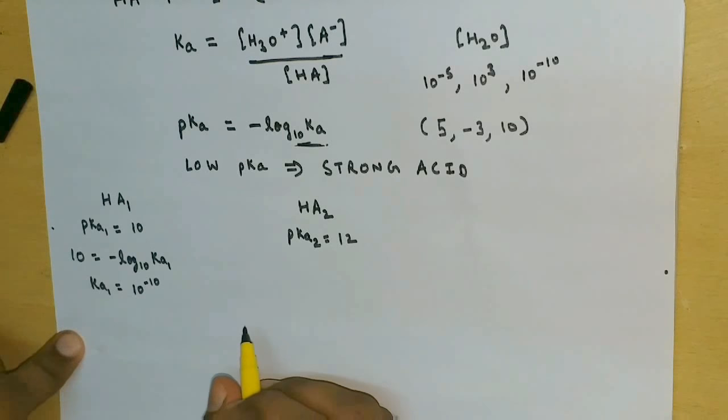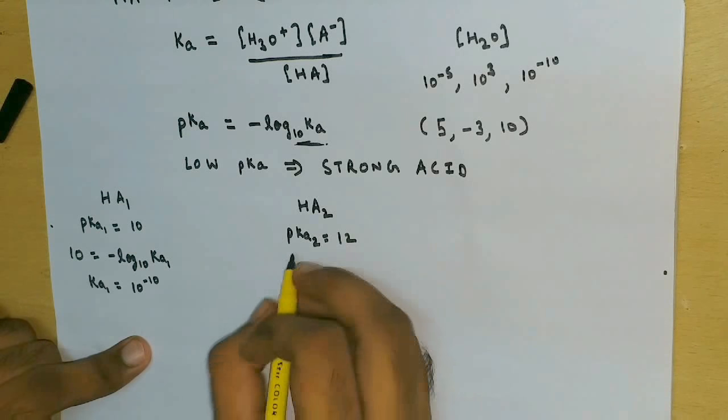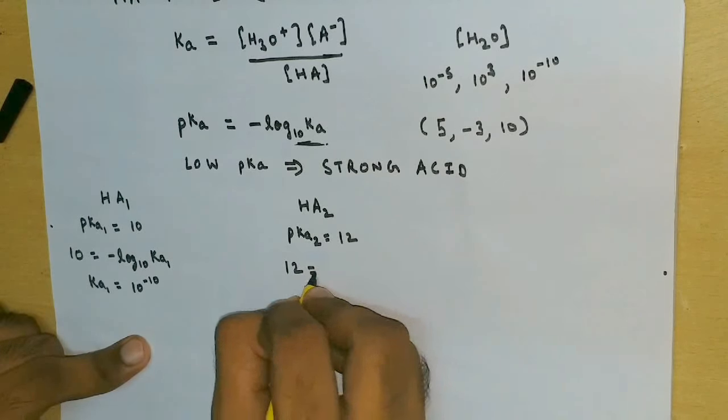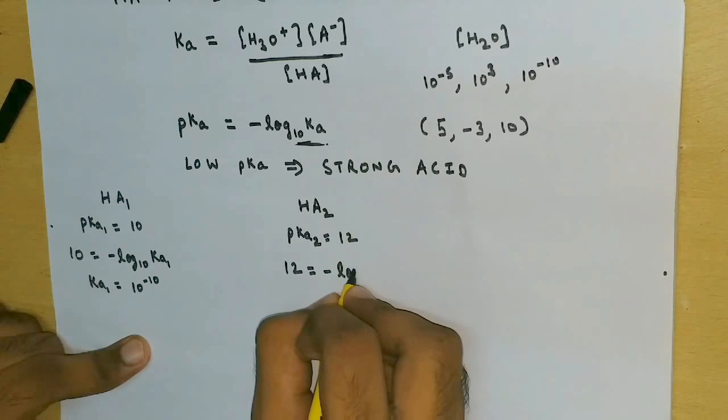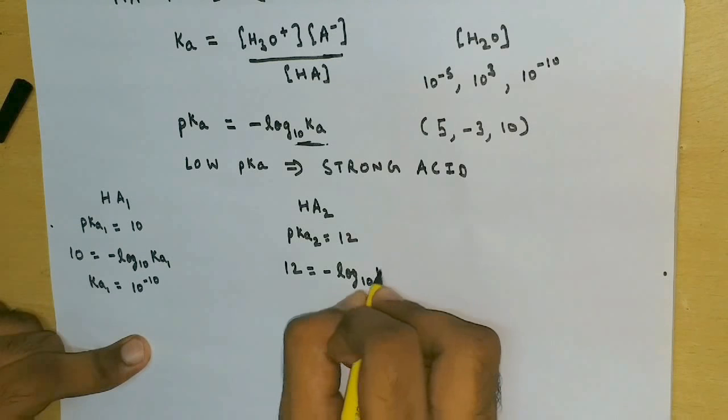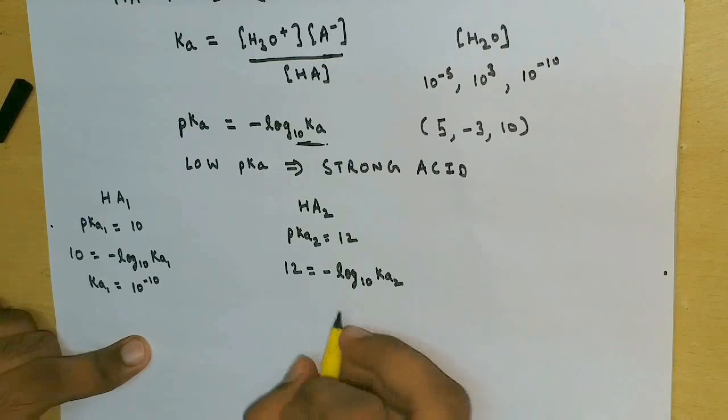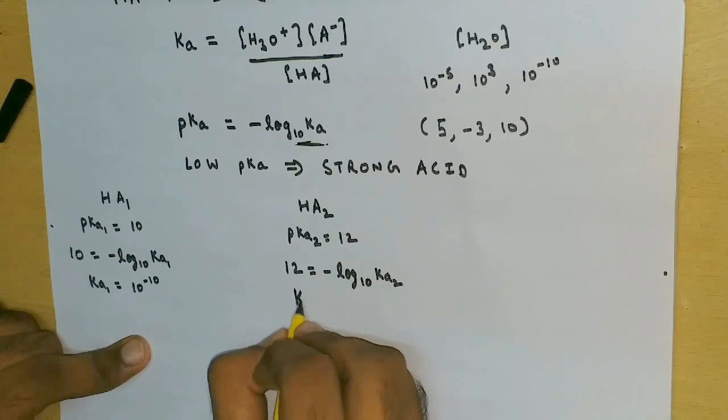Similarly, we can do it for HA2. Ka2 comes out to be 10 to the power minus 12.